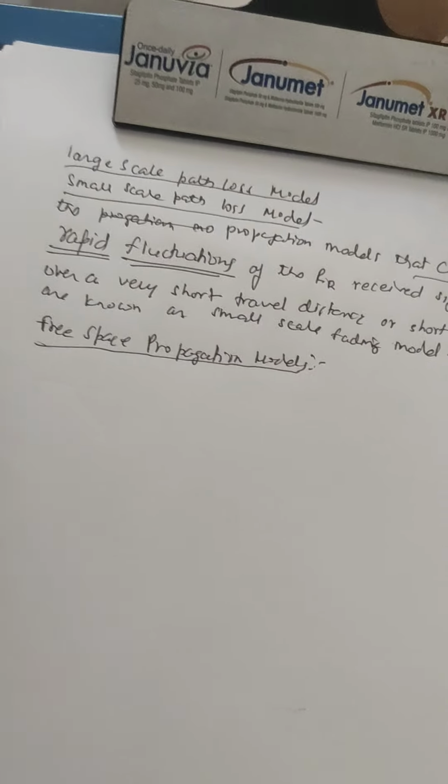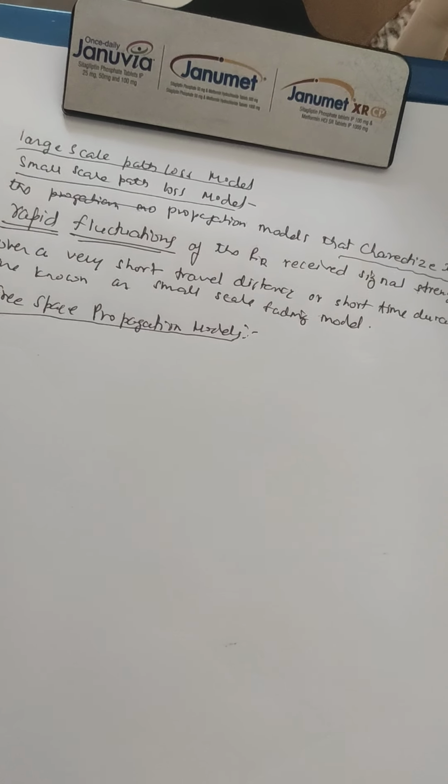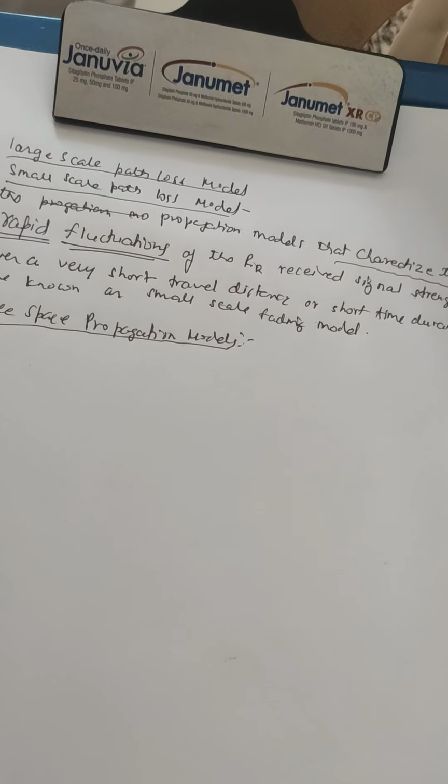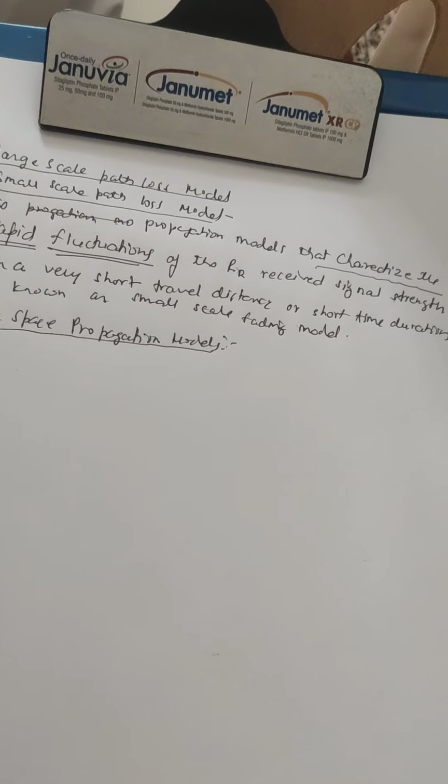When the signals propagate from the transmitter antenna towards the receiver antenna and there is no obstruction, the waves cannot be delayed, attenuated, diverted, reflected, or undergo diffraction or any other scattering phenomena.